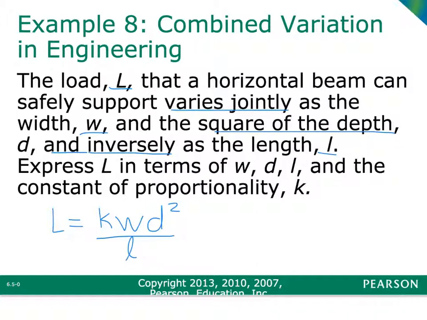Express capital L in terms of W, D, l, and the constant of proportionality K. All right, all they were looking for in this case was a verbal translation. So we should have L equals K W D squared all over little l.